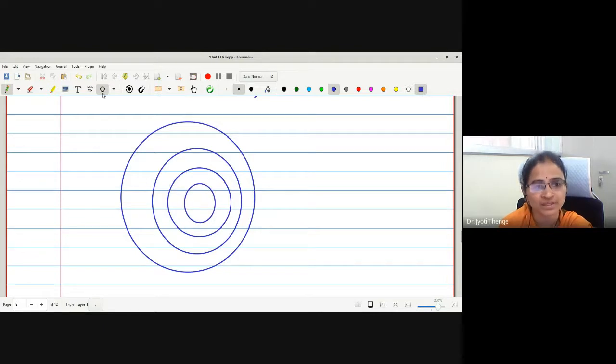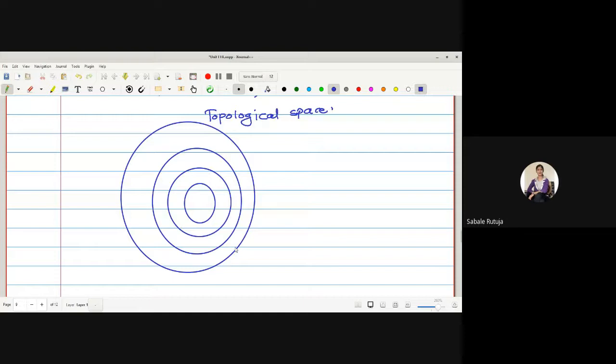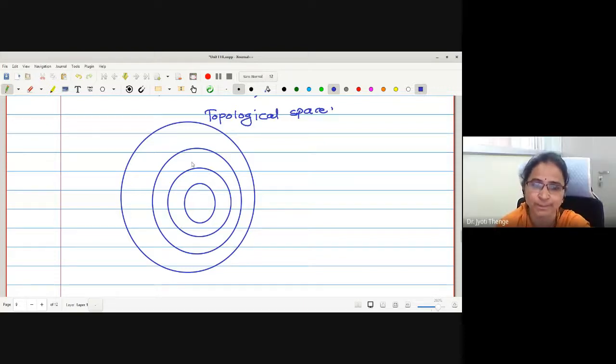Now you have to remember this sketch. The topmost space I will write as a topological space. Topology you have completed, right? And we can prove that every metric space is a topological space. Therefore, this is a metric space. Just now we have proved every normed linear space is a metric space. Therefore, this is normed linear space.